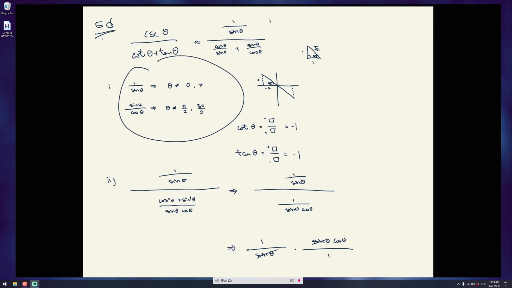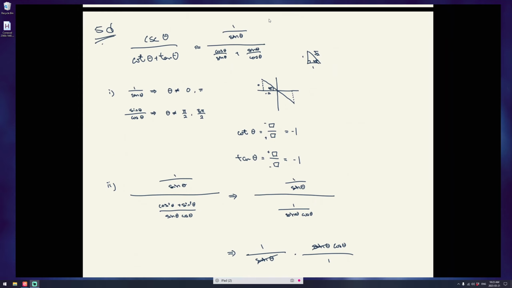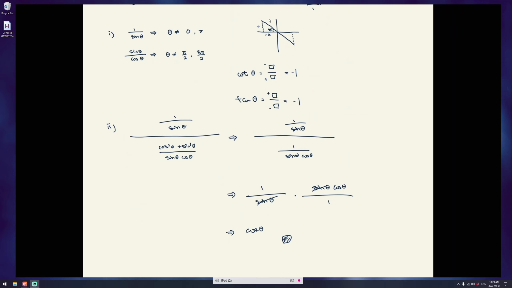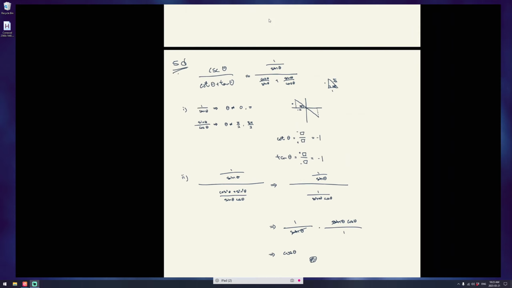Though the final simplified form does not have any restrictions, remember, the non-permissible values are based off of the original question. So don't forget about them, okay? It's not as if it's like, haha, this thing is cosine, I don't need any of these anymore. No, no, no. You must keep them, okay?